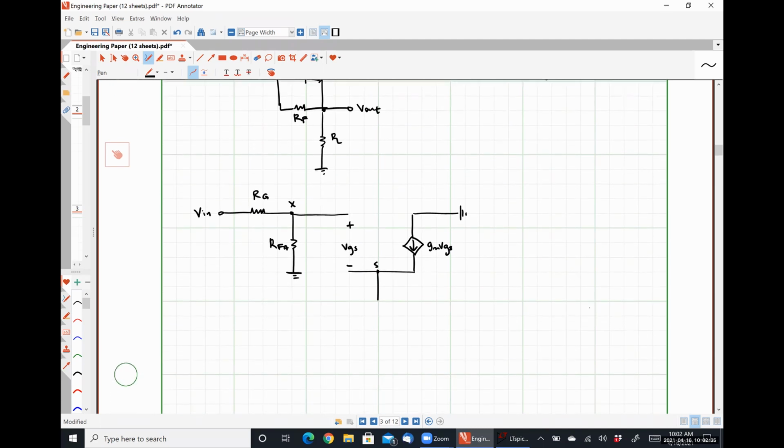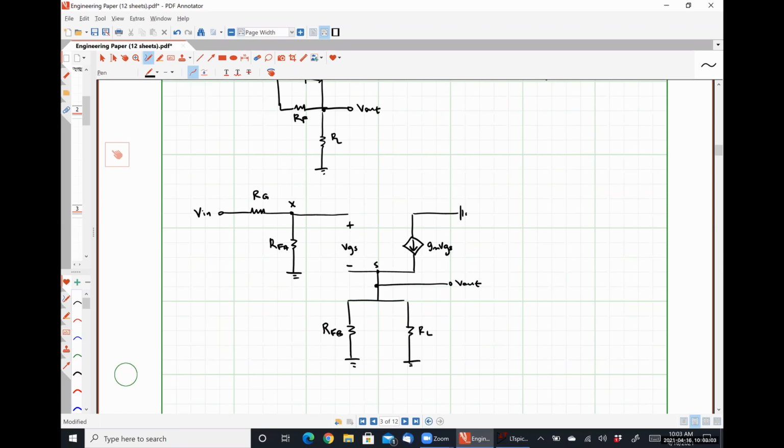That's a good call. Measuring my output here. And then between my source and ground, I'm going to have my load resistance. I'll put that over here on the right-hand side, RL. And I'm also going to have my other Miller resistance. So I'll call this guy RFB.